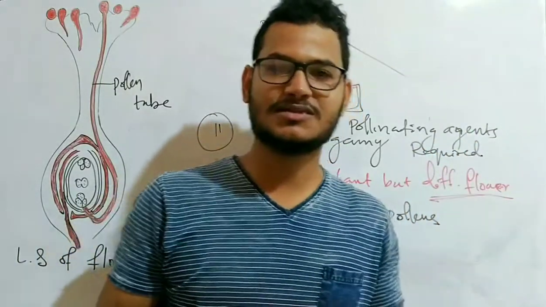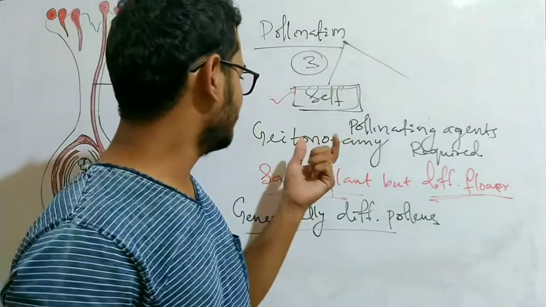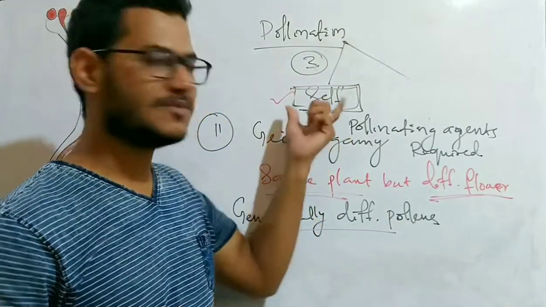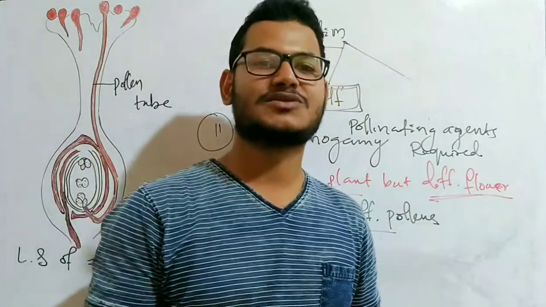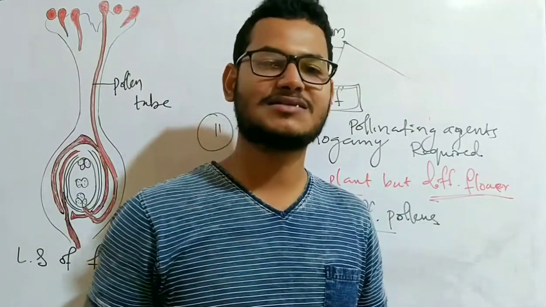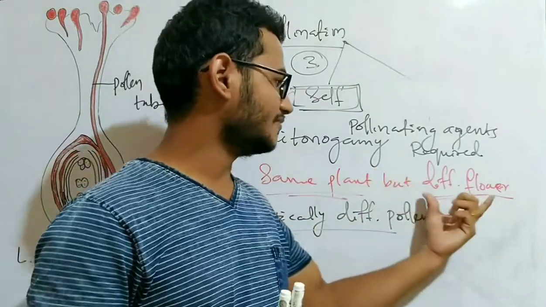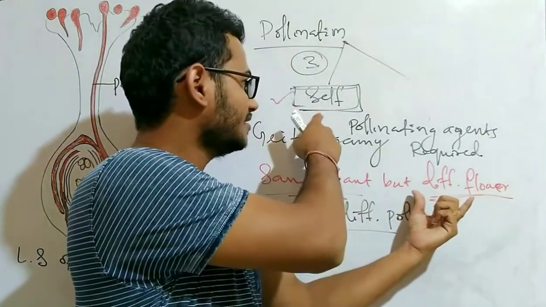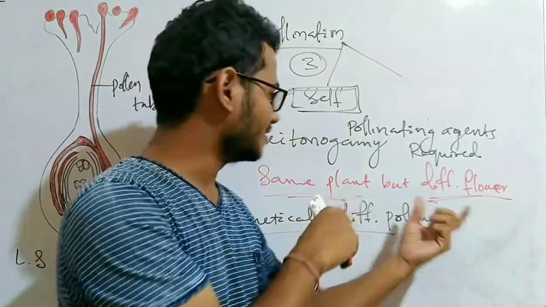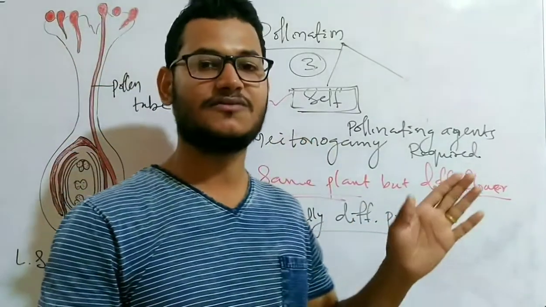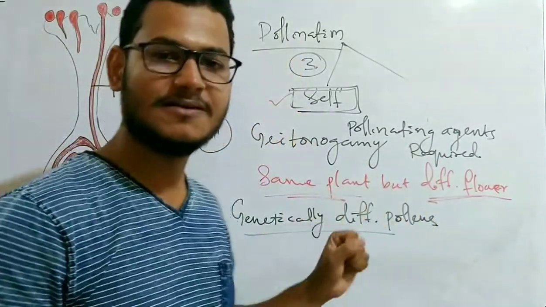Clear? So this is about geitonogamy, the second type of self-pollination. Self-pollination here takes place because the plant is the same but the flower is different. As in autogamy, there is the same flower of the same plant, here it is a different flower of the same plant.